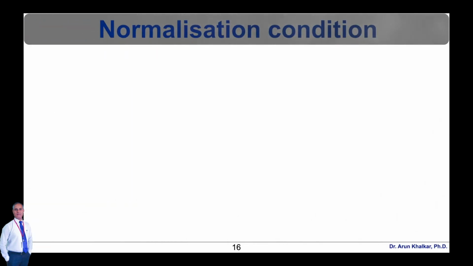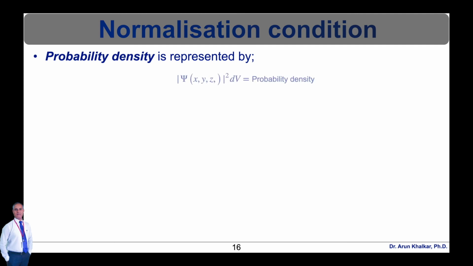Now let's see the normalization condition. If at all the particle exists, it must be found somewhere in a given region. Inside a wave packet, the particle can be found in the region of coordinates x, y, z. And hence probability is represented by psi of xyz mod square dx dy dz.